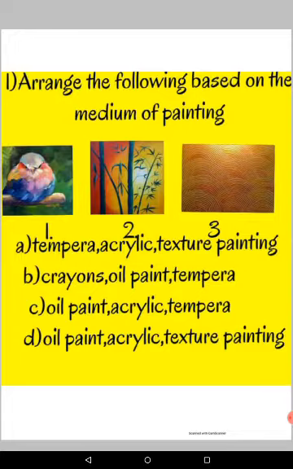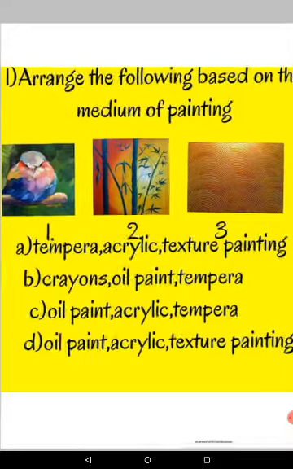In that same video, I have guided you to go through some of the examples of oil painting, acrylic painting, crayons or pencil colors or texture painting, etc. different mediums, and go through the examples. Then you will find it easier to crack these types of questions. That is, you will find what is the actual difference between using different mediums.